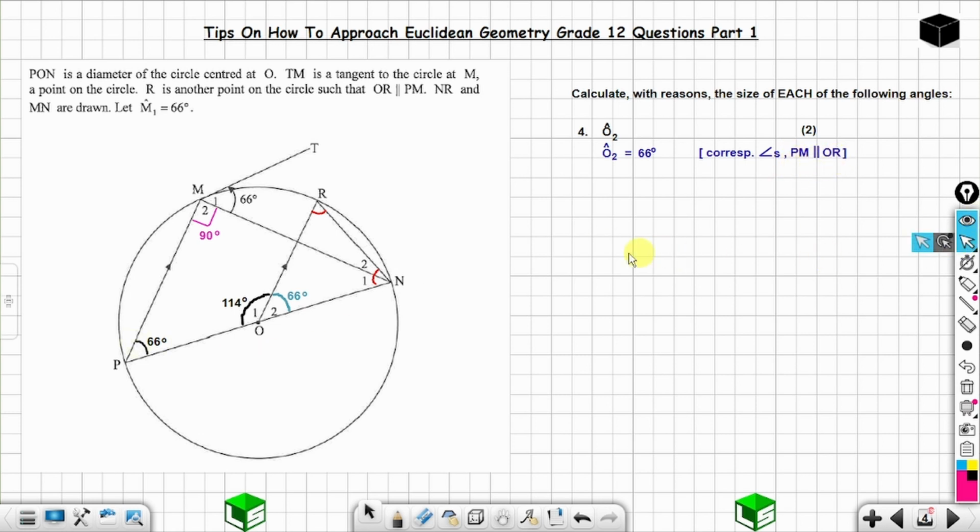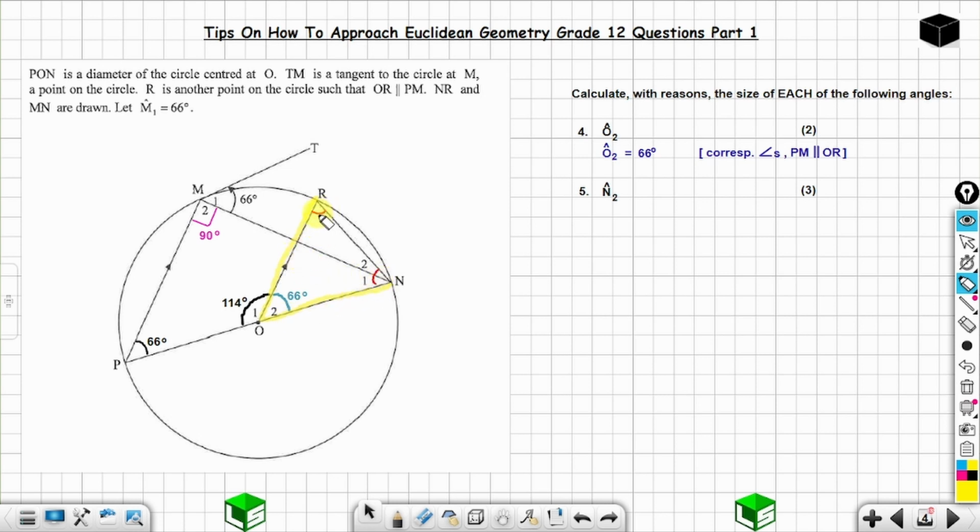Now question 5, we have to find N2. So remember, can you see? This is a radius and this is a radius. Radii. And this is an isosceles triangle. Angles opposite equal sides are equal.